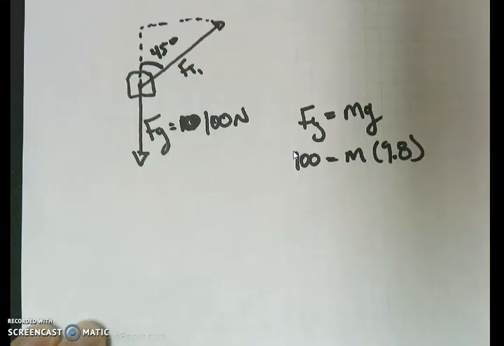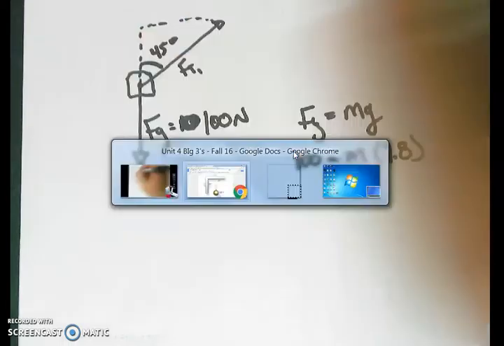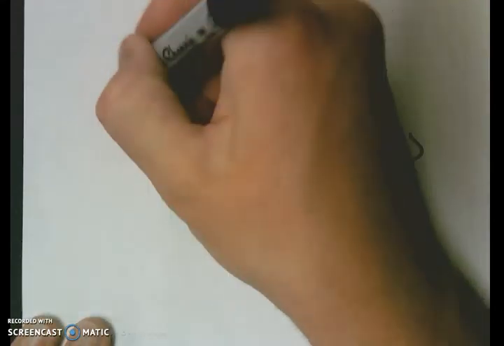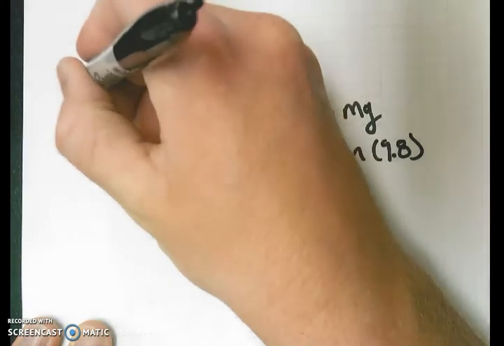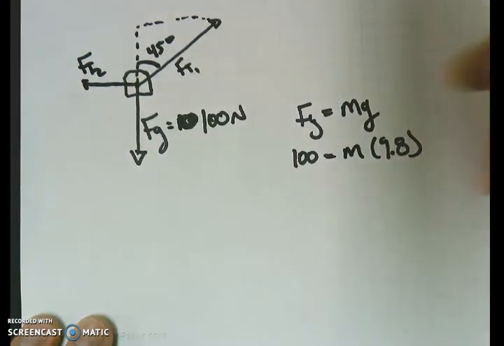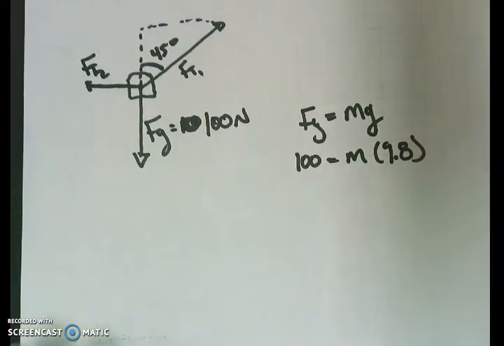So again, it's up to you to look at this whichever way you want. And then we have another force of tension that's acting to the left. They tell us it's at 90 degrees with the wall. So we know this is directly to the left. We'll call this Ft2, and we know that that is acting exactly perpendicular to the force of gravity.